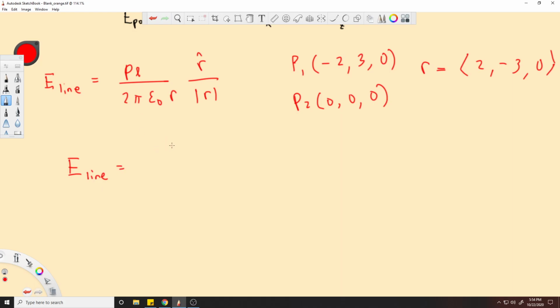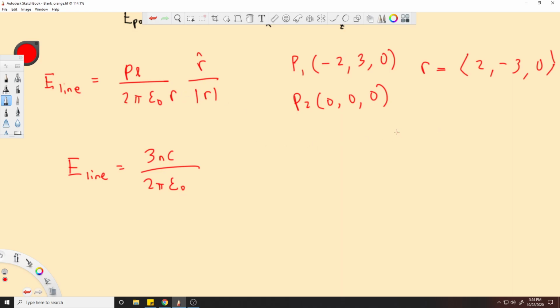Rho L is 3 nanocoulombs per meter. I'll just leave the meter out, because we're not too worried about units. We kind of know what we're doing.